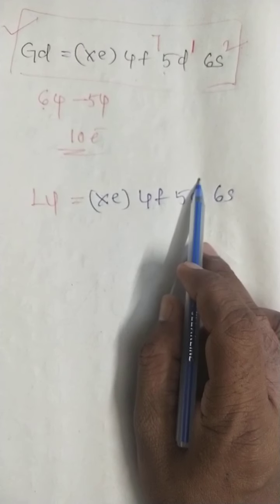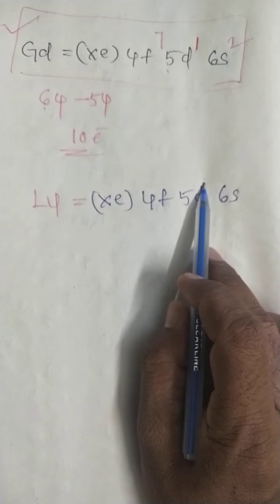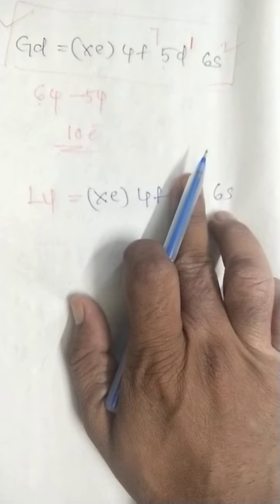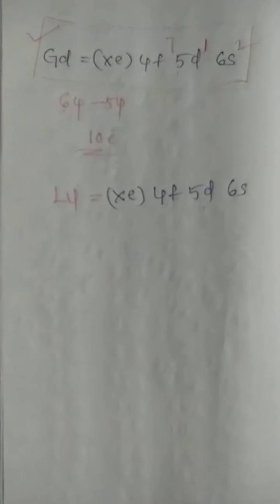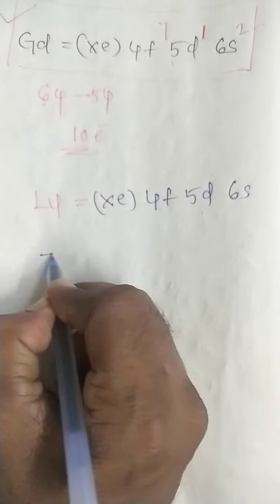In some reference books and textbooks, if there is no electron in the 5d orbital, they do not mention it in the series, only 4f and 6s, but you will write the entire full electronic configuration, no problem.